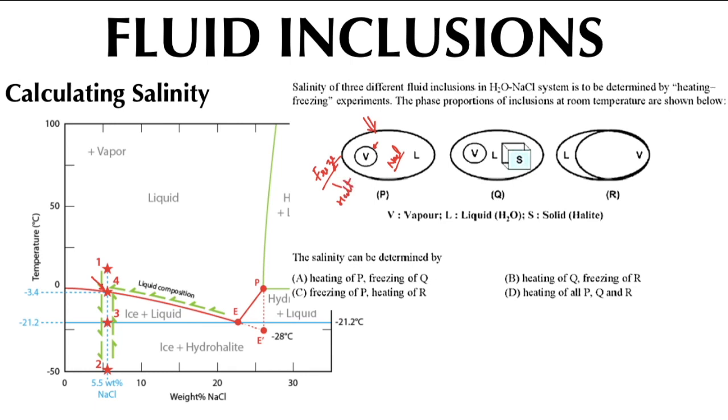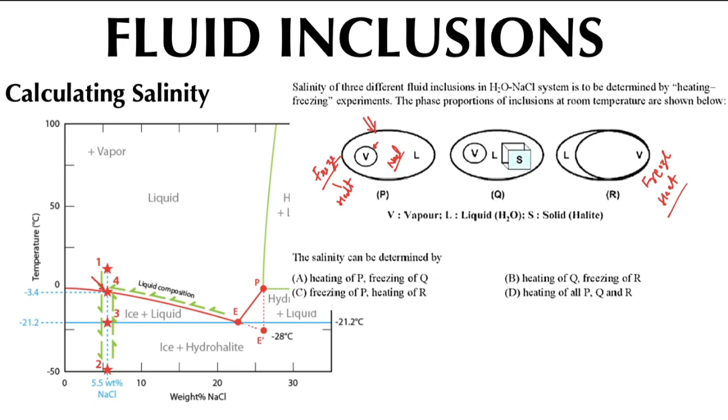And when we heat it again, we'll get to this point. Similarly for this, here also first we have to freeze it and then heat it again, right? So that we can know what is the salinity when the last ice crystal has melted, okay?